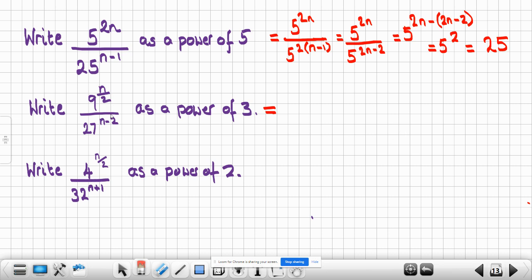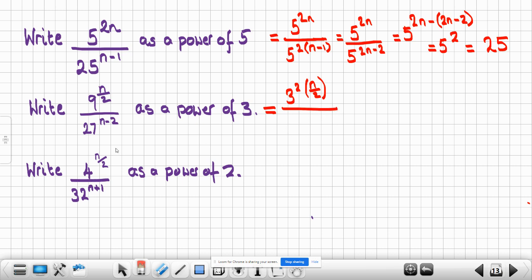Okay, so let's have a look at this one and write this as a power of 3. So neither one of these are in powers of 3, so we've got to change them both. So let's go for it. We should know that 9 is 3 squared, and that's going to be multiplied by n divided by 2.